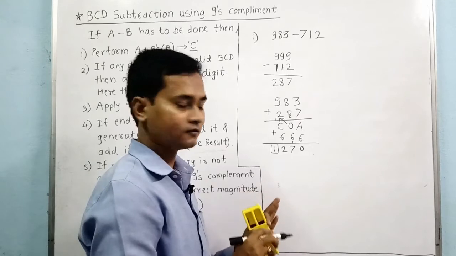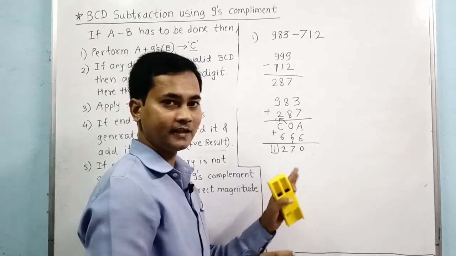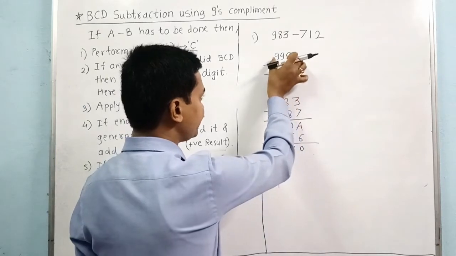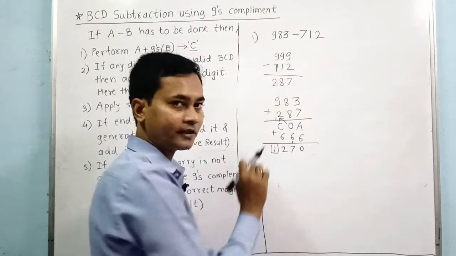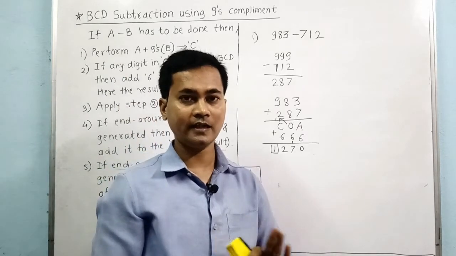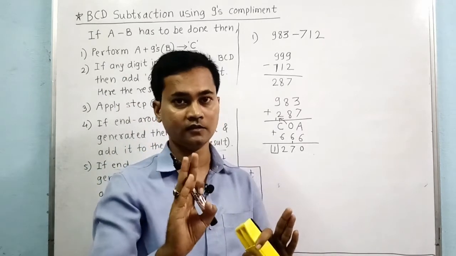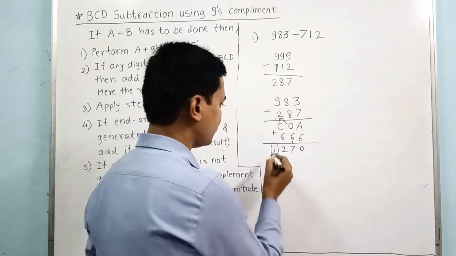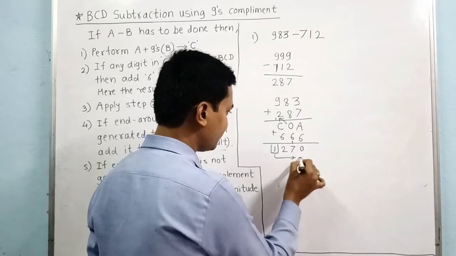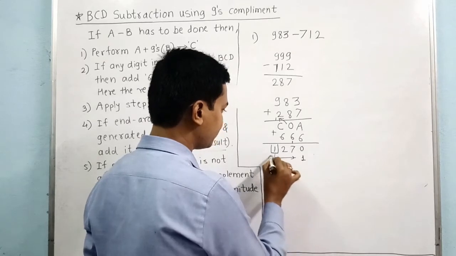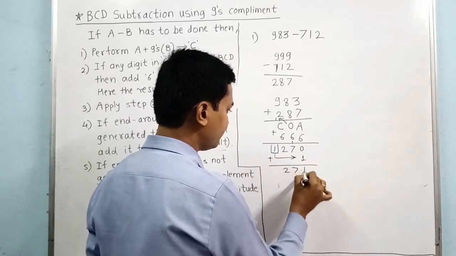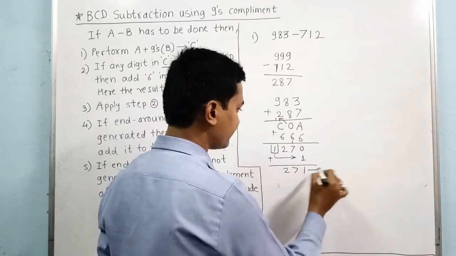It is not compulsory that it is always the fourth digit, but your subtraction is 3 digits, so the fourth digit will be the end around carry. If your subtraction is 2 digits, then the end around carry will be the third digit. Here the end around carry is generated, so discard it and add it to the current BCD result. So 2 7 1 is the actual result.